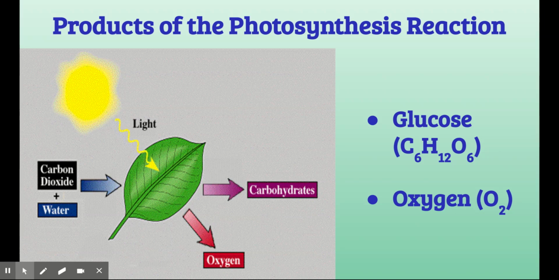But those producers, those plants, got that food energy by doing photosynthesis. Glucose and oxygen are both important for producing another type of energy in animals, in living things, called ATP, but that's kind of advanced, so we don't worry about that too much.